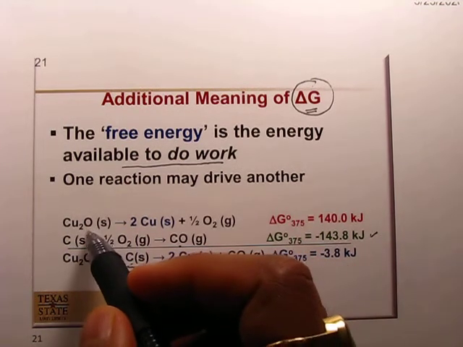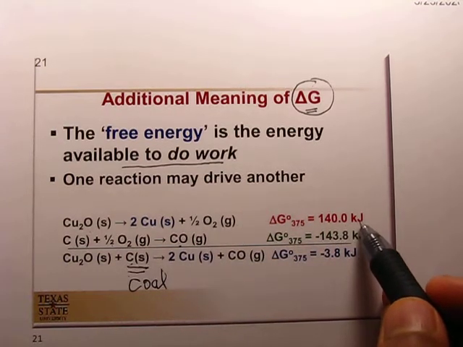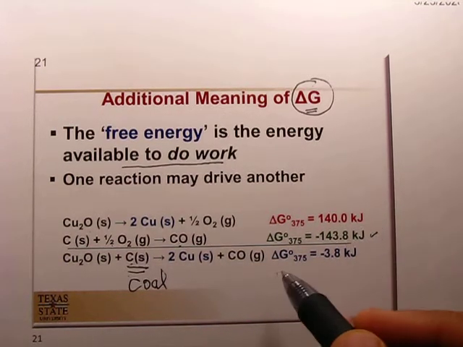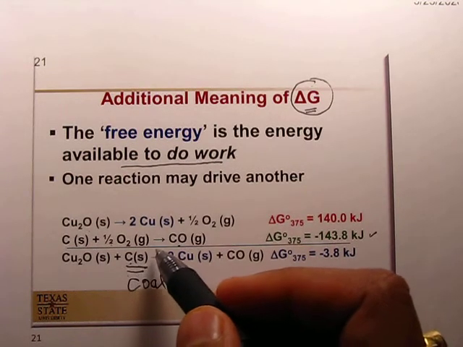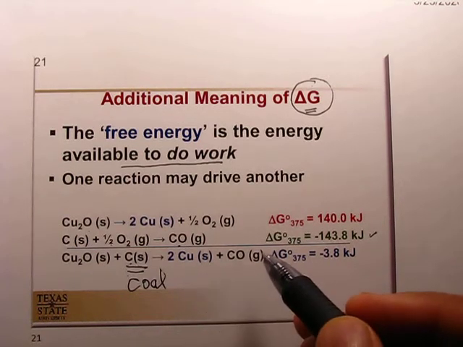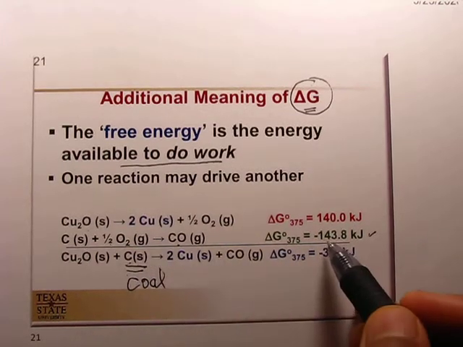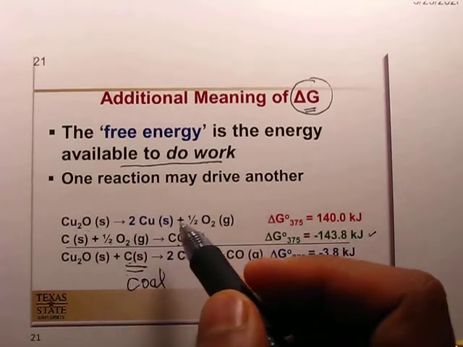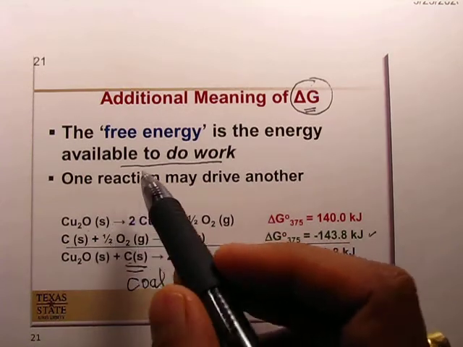For turning copper oxide to copper, 140 kilojoule of energy is required. So we are burning coal, generating some energy, and we utilize this energy, which is called the Gibbs free energy, to do work.